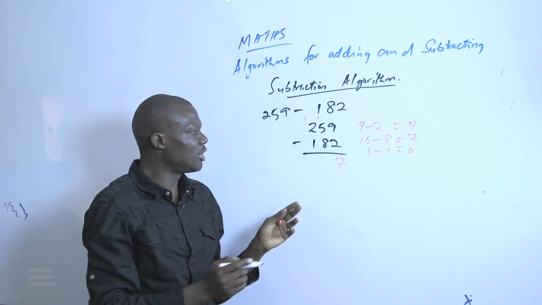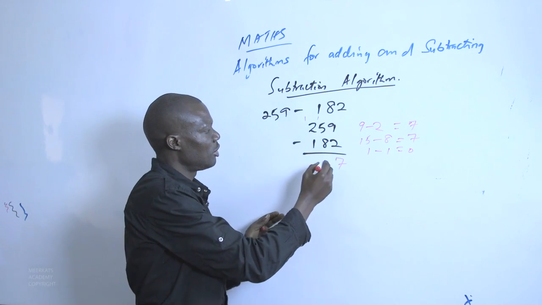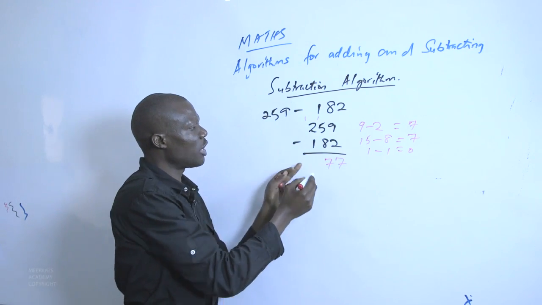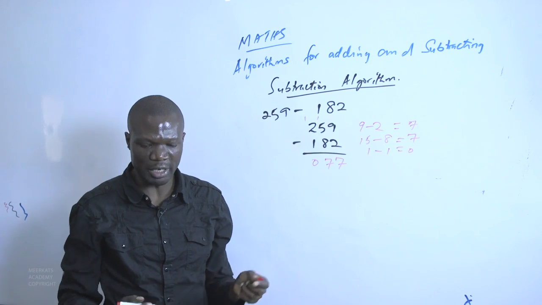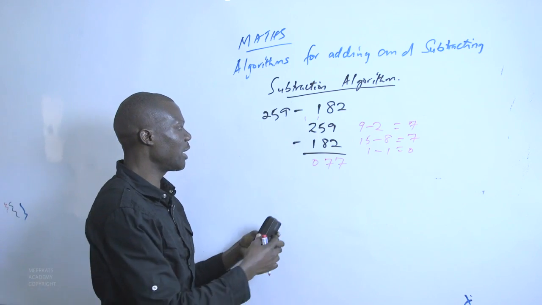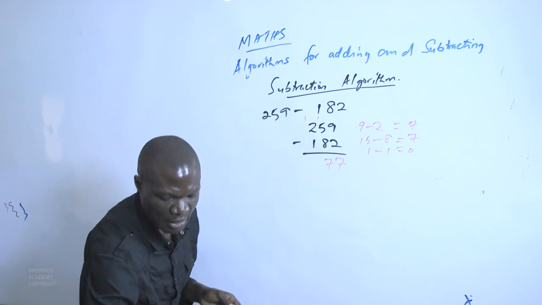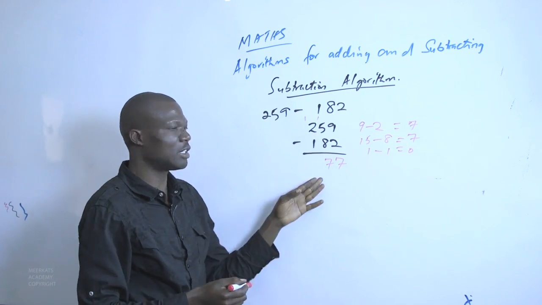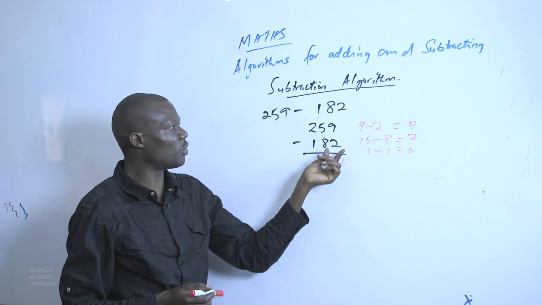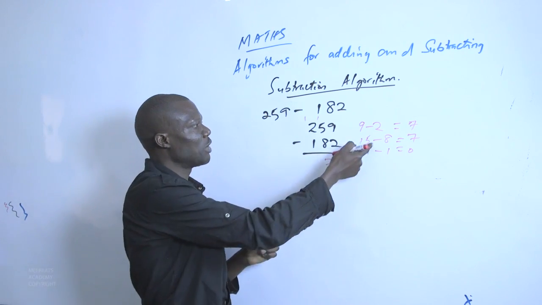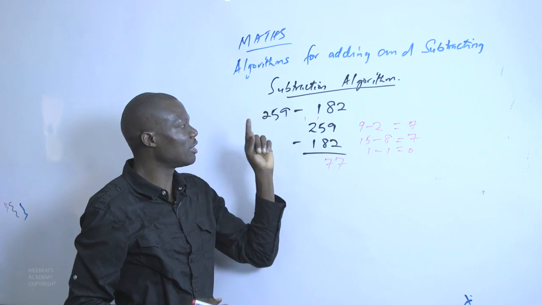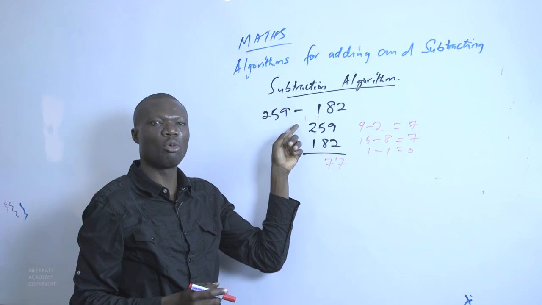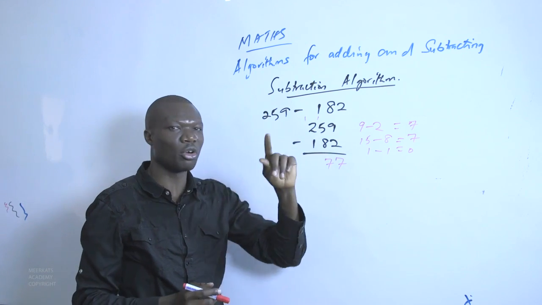You don't need to write a 0 here. 0 before a digit is meaningless. So we shall maintain our answer as 77. Take note of the procedure in step number 2, where we had to borrow 1 from the next column, and you should always remember what has remained after you borrowed a 1.